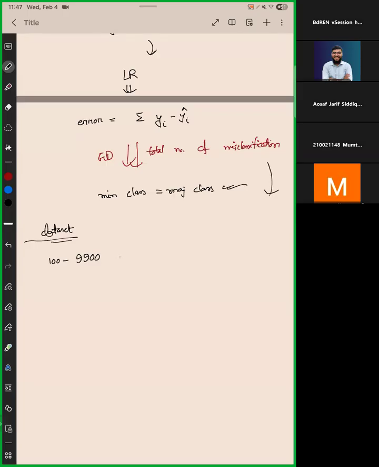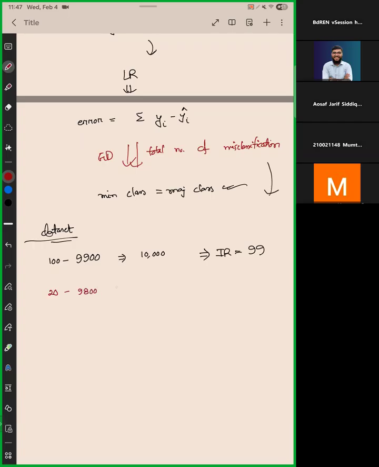So the total number of samples is 10,000, and the imbalance ratio is 99. A highly imbalanced data set. Now, in this scenario, let's say you are making predictions. Of the 100 minority samples, 20 are correctly classified, and among the majority, 9,800 are correctly classified.